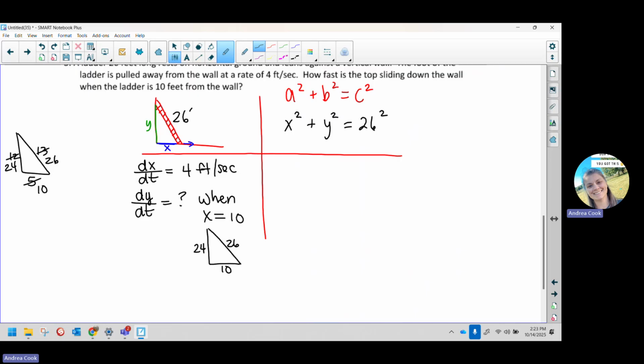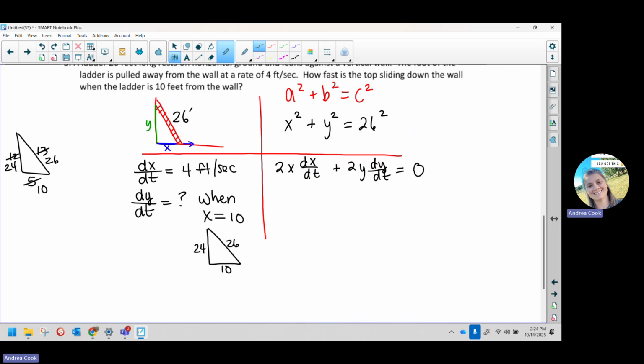I can put 26 in because it's constant. Now we find the derivative: 2x times dx over dt, the rate of change in x, plus 2y times the rate of change in y, equals what's the rate of change in the ladder? 0, because it's not changing lengths.